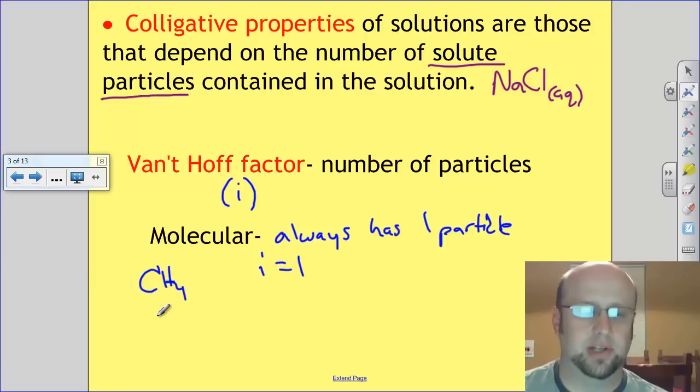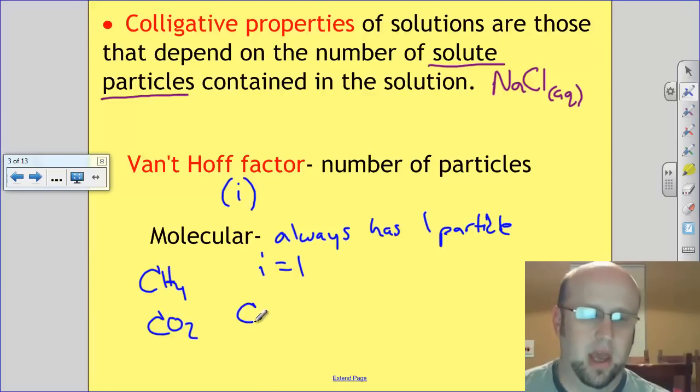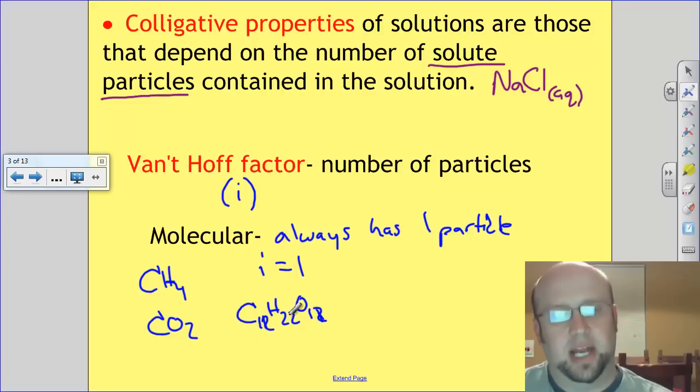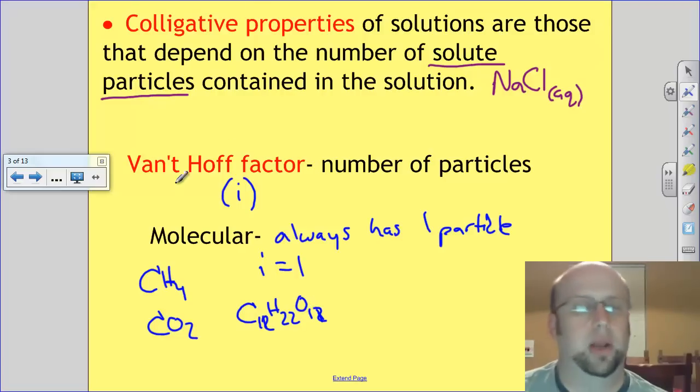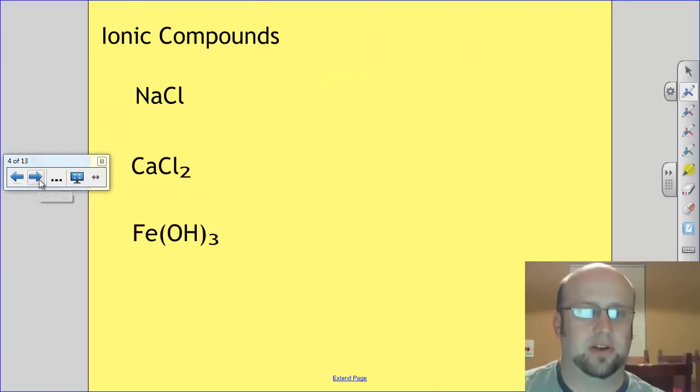Carbon's a nonmetal, hydrogen's a nonmetal. Carbon dioxide, both nonmetals. Something like sucrose, table sugar, and I think I might have actually written that formula wrong. I think it's C12H22O11. But that is sucrose, the sugar that you would put into something, and it has a Van't Hoff factor of 1. Any molecular compound, i is always 1.